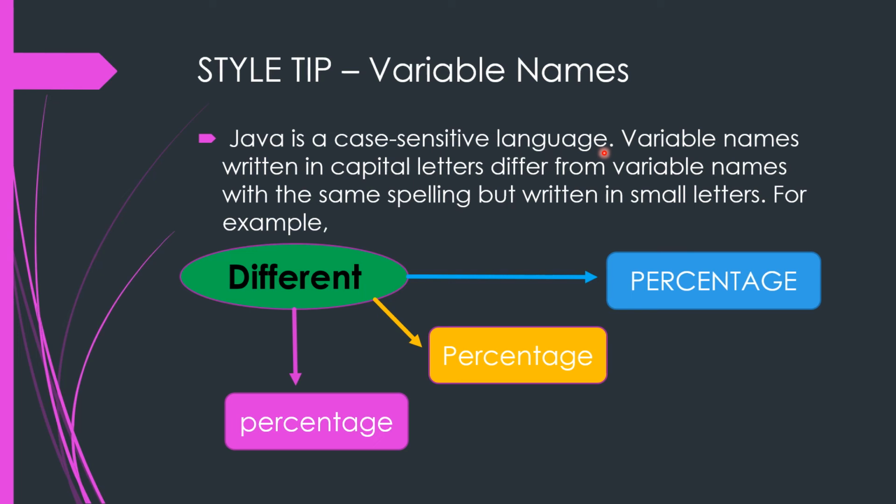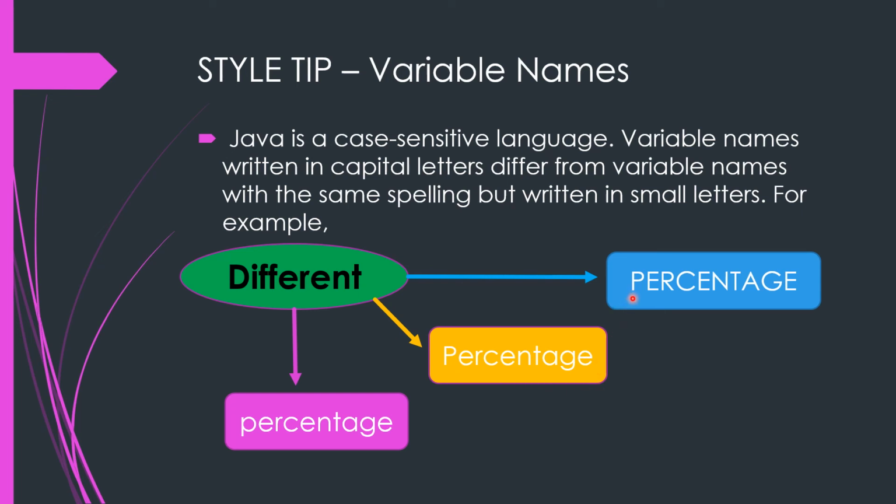For example, here you can see that in three boxes we have written the same word percentage, but they all are different. How? Because in this pink box we have written percentage all in lowercase. Then in the yellow box we have written percentage with only P capital and the rest of the letters in lowercase.